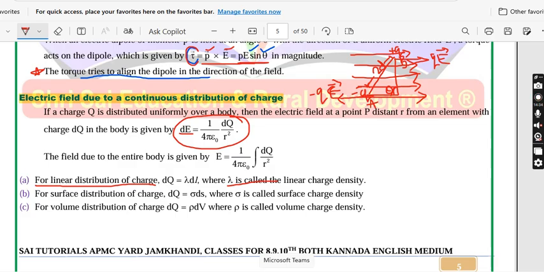In the same way, when a charge is continuously and uniformly distributed over a surface, we call it a surface charge distribution.